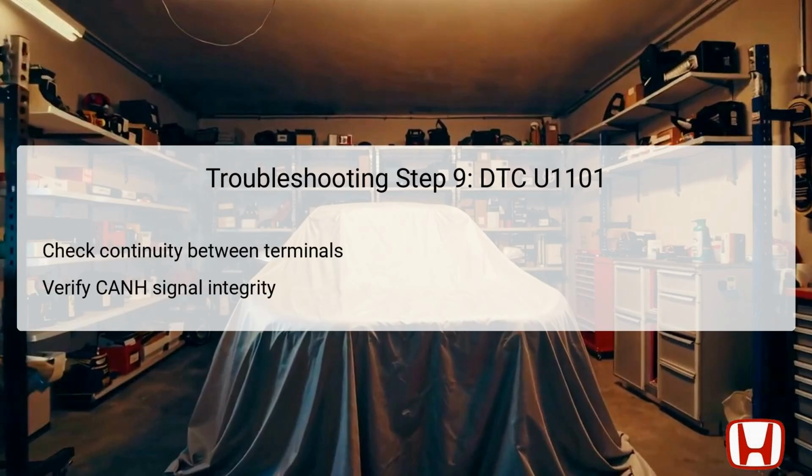In this step, the technician will check for continuity between PCM connector terminal A48 and engine mount control unit connector terminal number 14. This action is vital for verifying the integrity of the CAN-H signal, which is responsible for data transmission from the PCM to the engine mount control unit. A continuous circuit between these terminals confirms the reliability of this communication path.